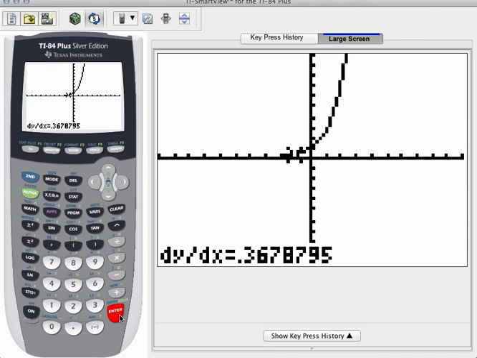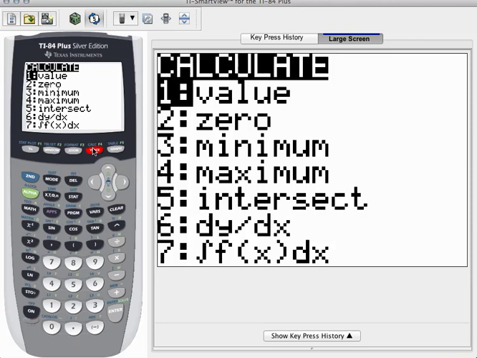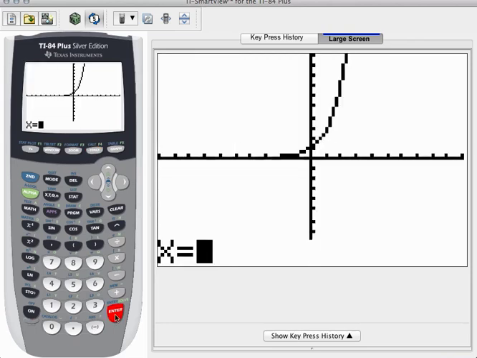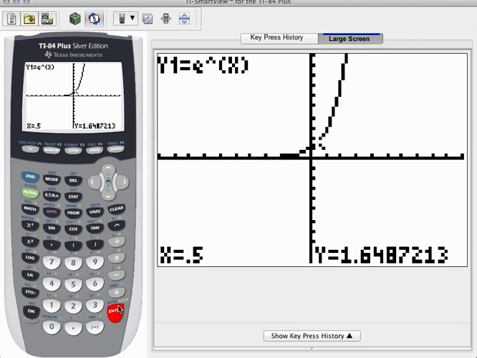Let's try another one. Let's try when x equals 1/2. And we'll begin again with the function value. The function value when x equals 1/2 is 1.649.